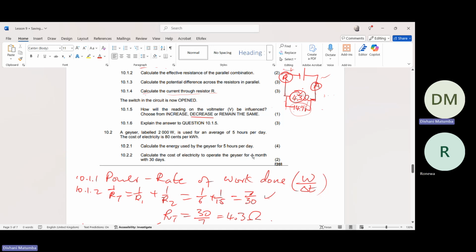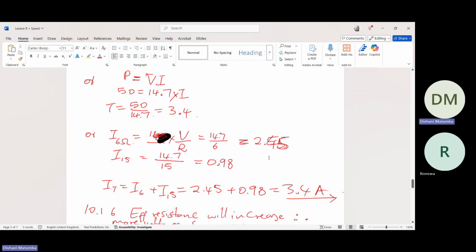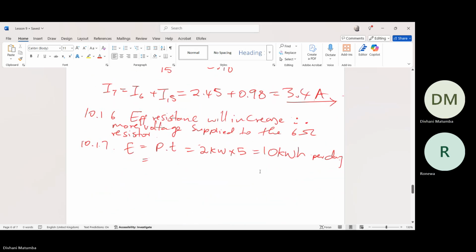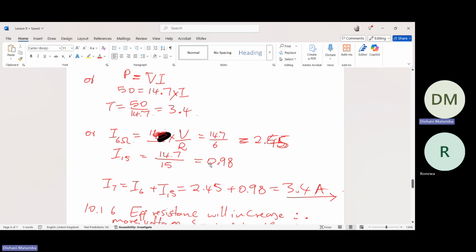But I don't think so, they said calculate the energy used by the geyser, which you said is 10 kilowatt hour. Yes.